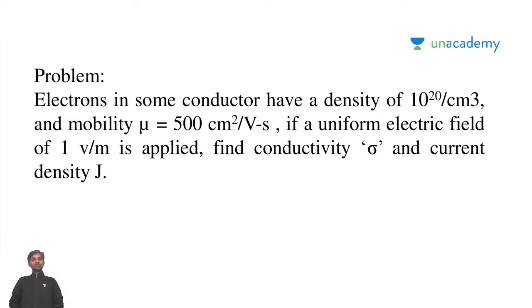The mobility mu is equal to 500 centimeter square per volt second. If a uniform electric field of 1 volt per meter is applied, find the conductivity sigma and current density J.